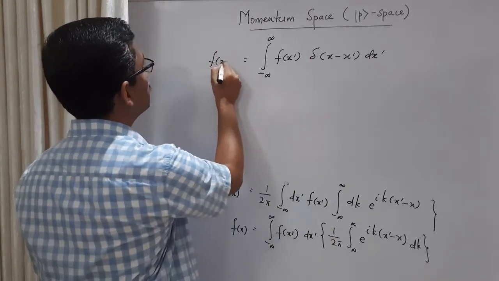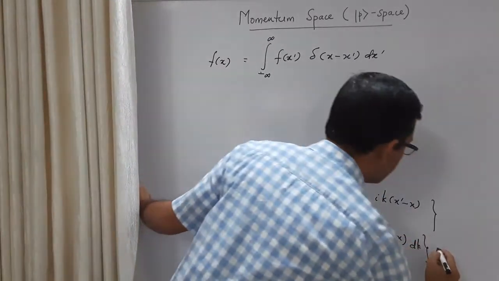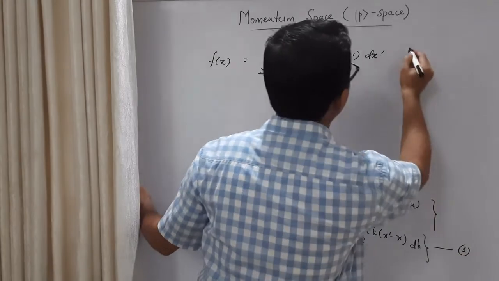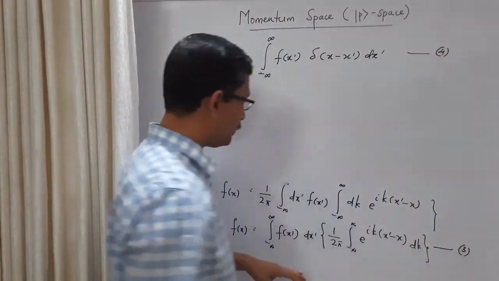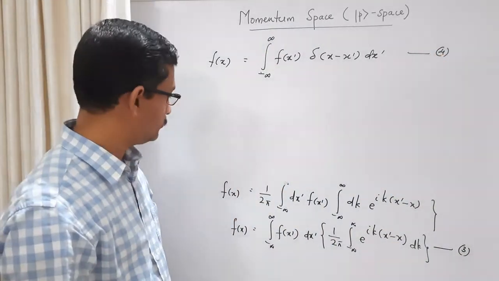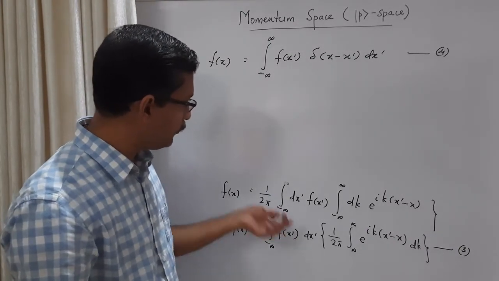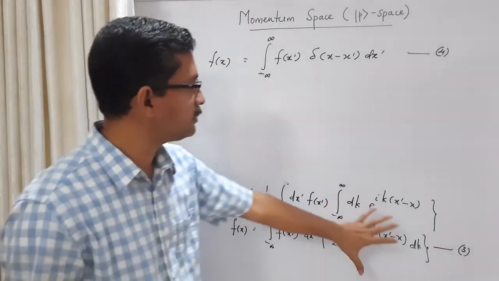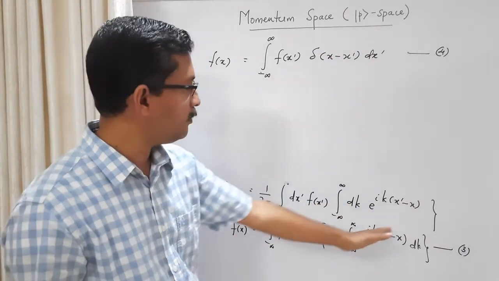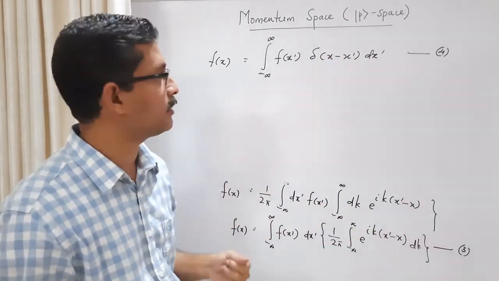So we get f of x. So let us say this is equation 3, this is equation 4. You compare equation 3 and equation 4. So from the integral over f of x prime, in order to get f of x, you have to multiply this with the Dirac delta function. So this term in the curly bracket is the expression of the Dirac delta function.